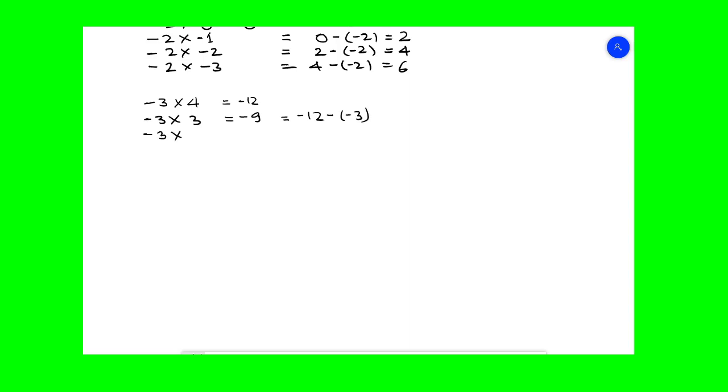Minus 3 multiplied by, we are reducing the digits. From 3 we are coming to 2. This is equal to minus 6.